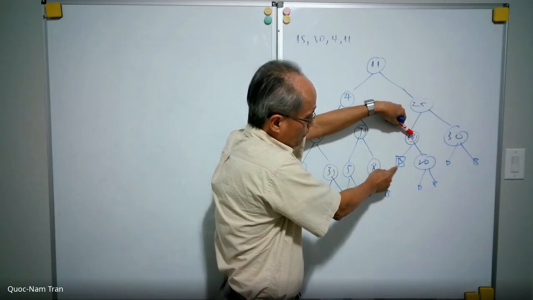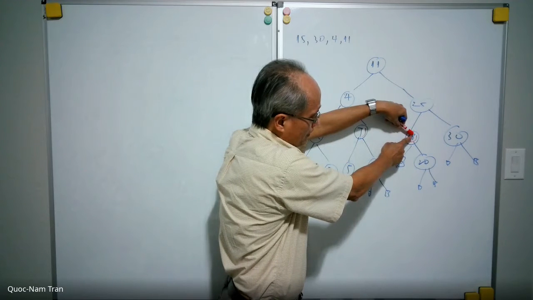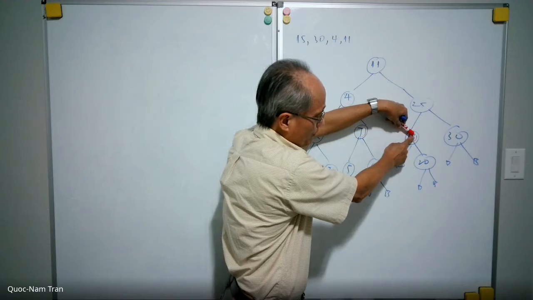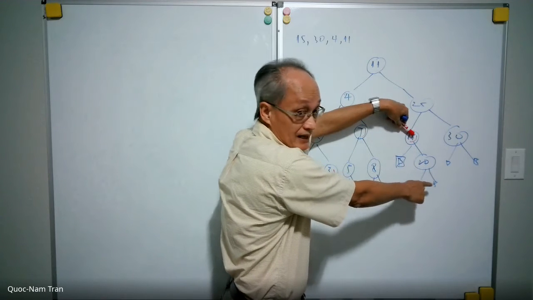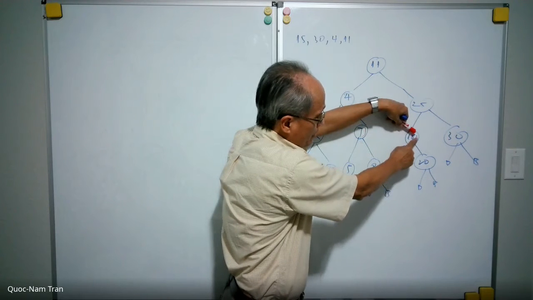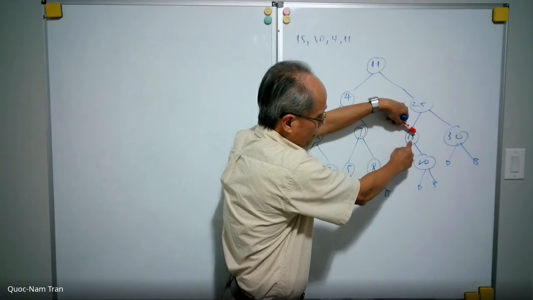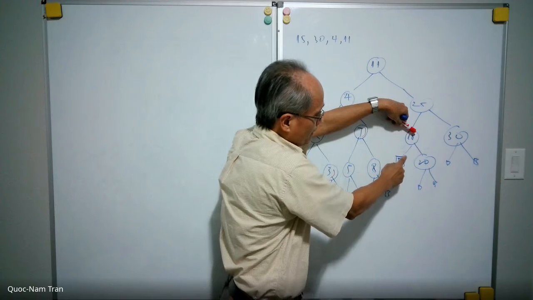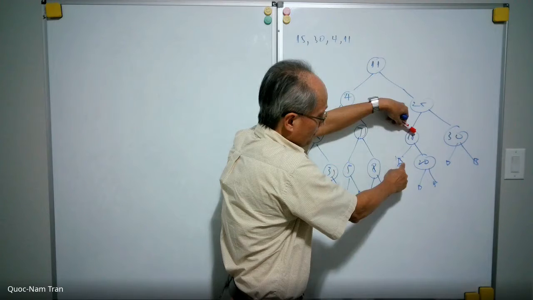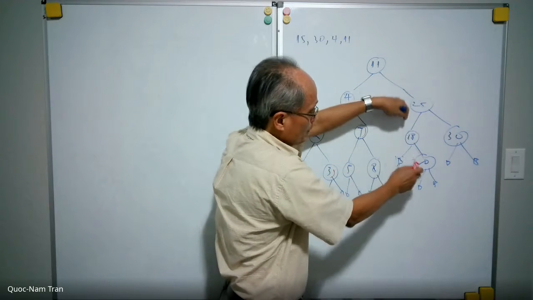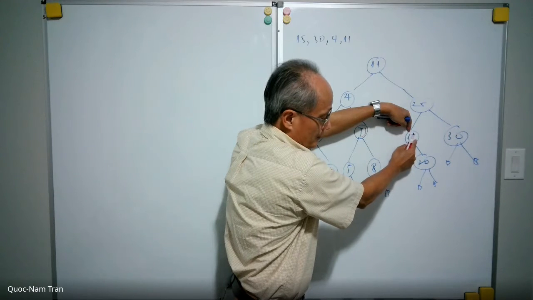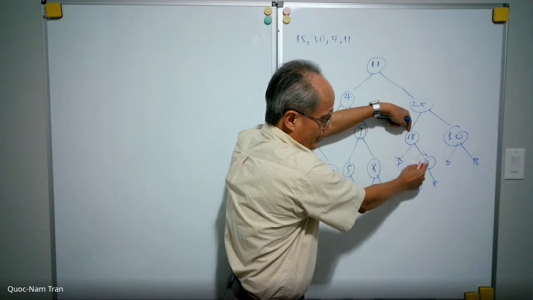But if we bring one black count here, then there will be one more black count for the branches on the right-hand side. Okay, so that said, if we change this one to black, then we can remove the double black count here, but we have to reduce the black count on the branches on the right-hand side.